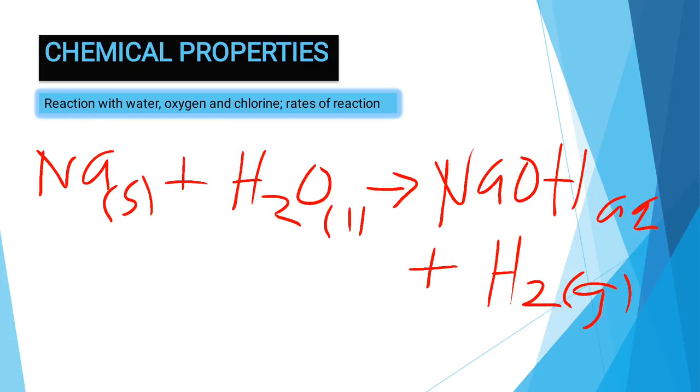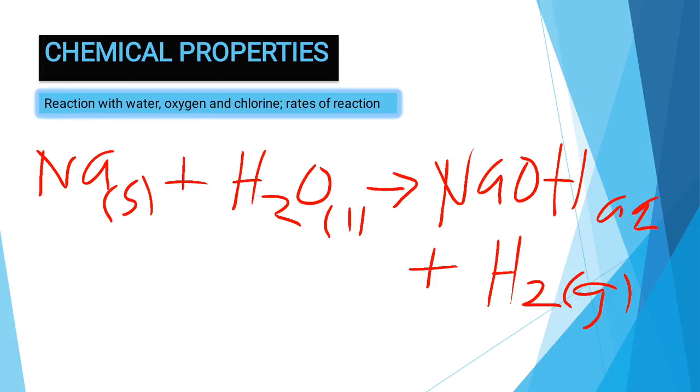We check whether the reaction is balanced. On this side we have one sodium. On the product side we also have one sodium. We have 2 hydrogen atoms on the reactant side, and we have 3 on the product side.